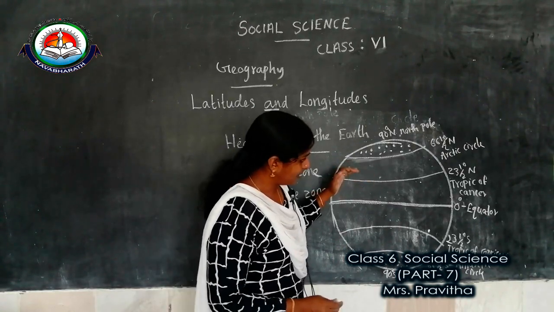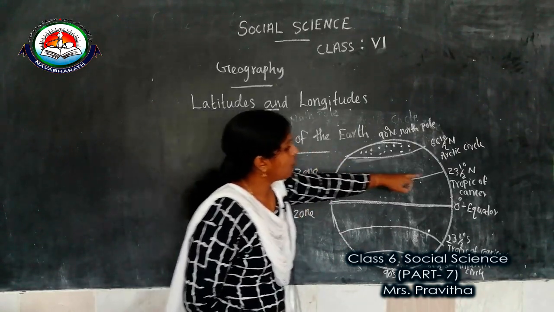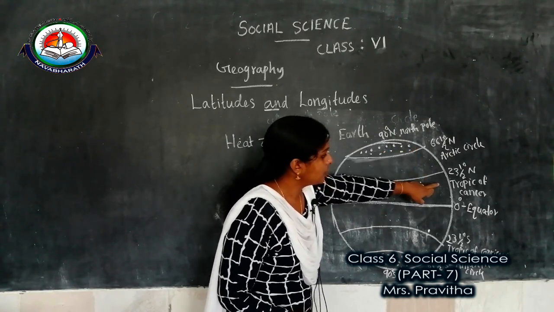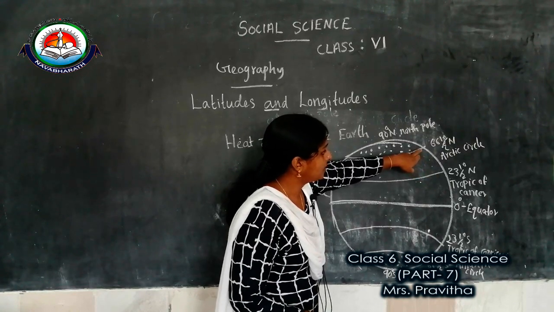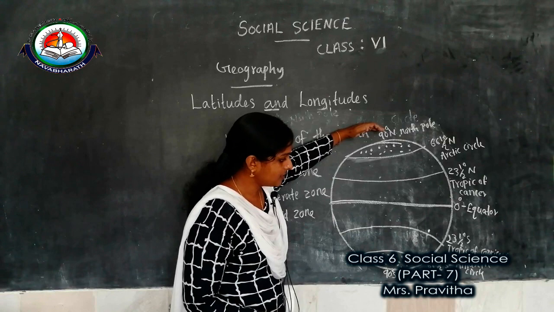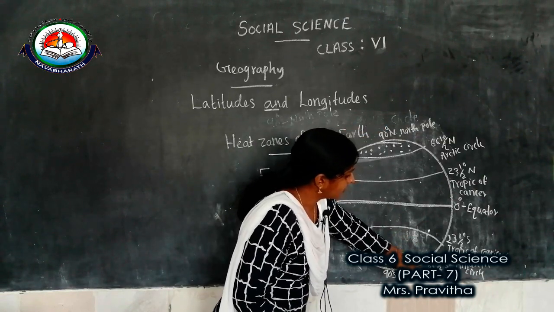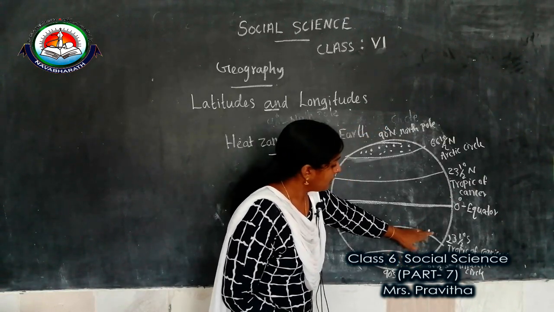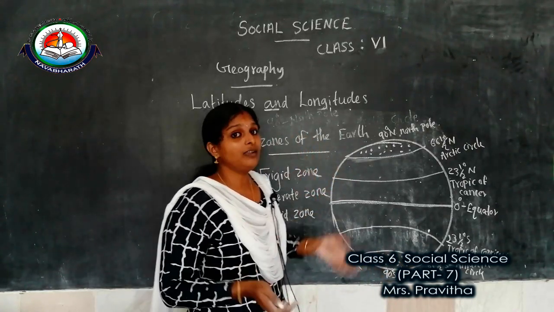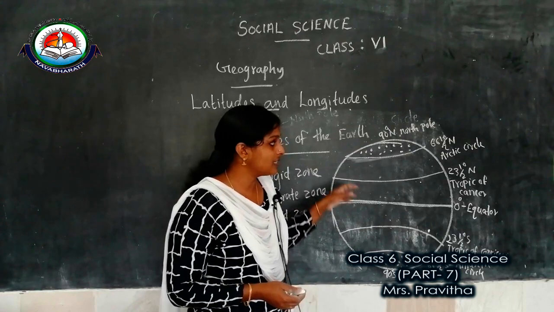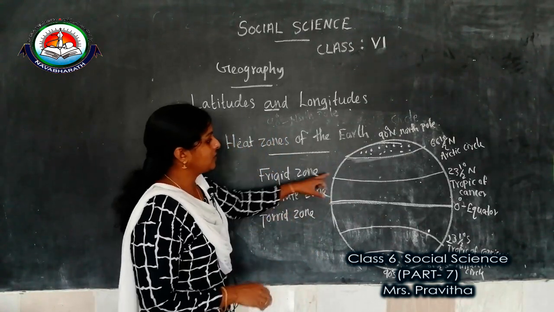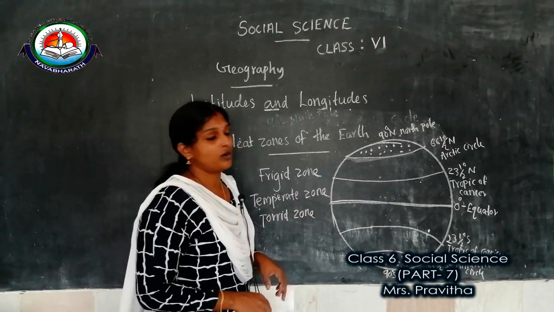Now the region between the Tropic of Cancer and the Arctic Circle in the northern hemisphere, and the Antarctic Circle and the Tropic of Capricorn in the southern hemisphere, receives moderate temperature. So this region is called the temperate zone.